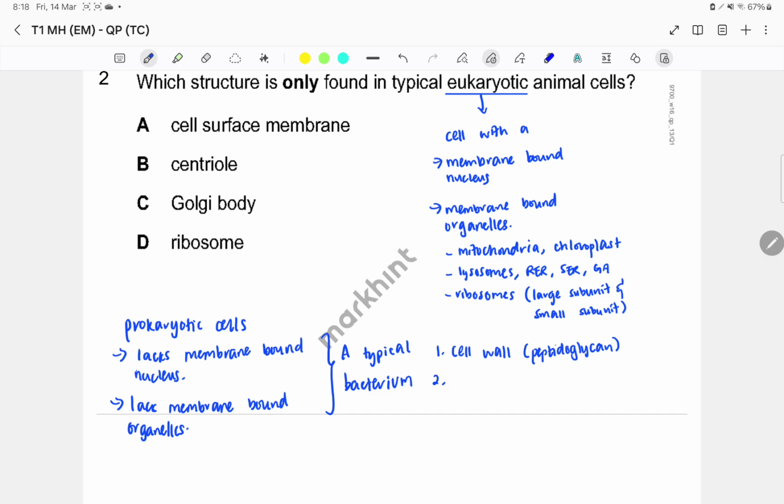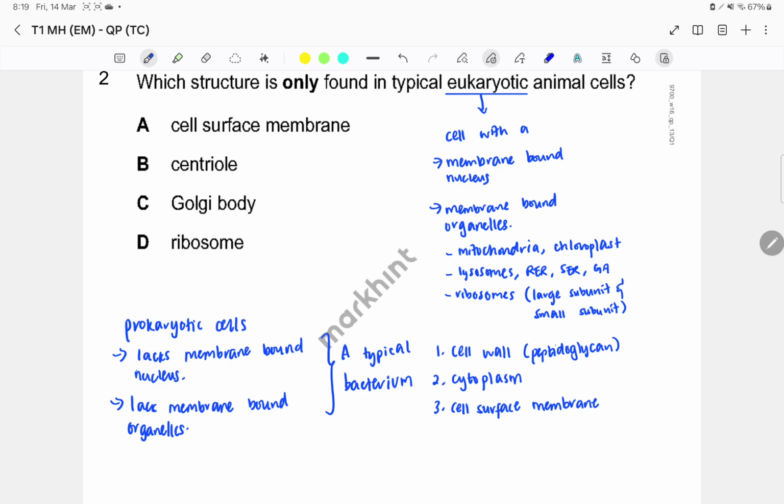The second one, it will always have a cytoplasm. And then it will also always have the cell surface membrane. Anything else will not be present.